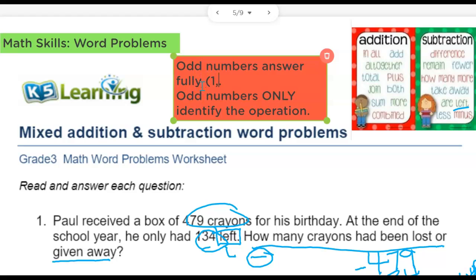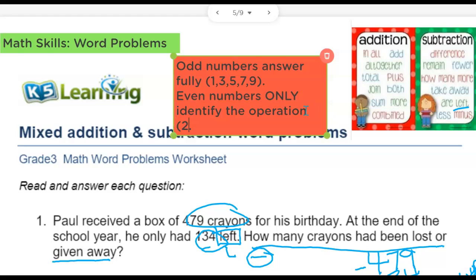Odd numbers are 1, 3, 5, 7, and 9. Even numbers, we will only identify the operation. Operation just means addition or subtraction. That would be 2, 4, 6, and 8.